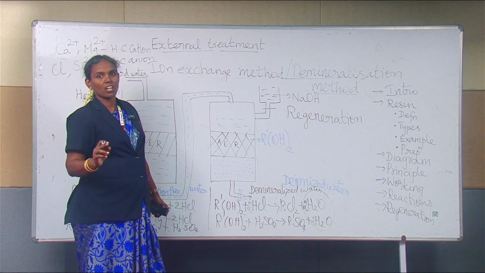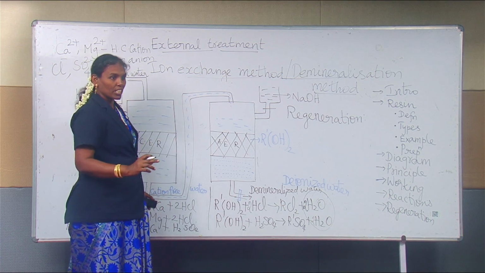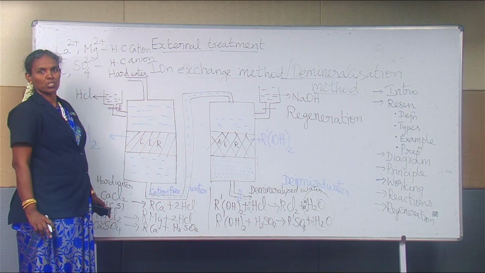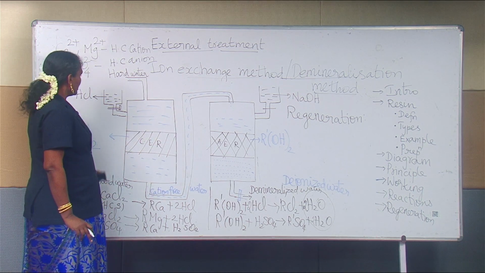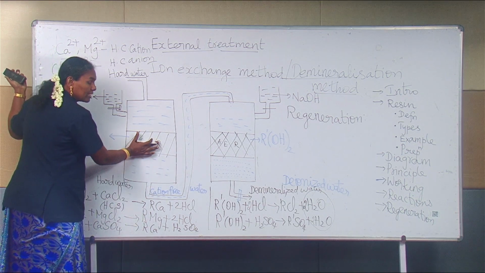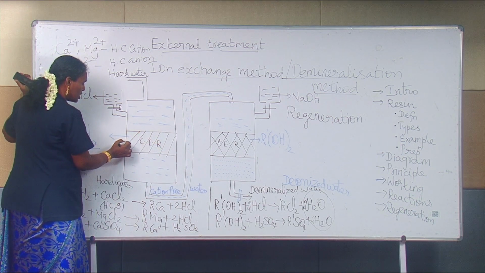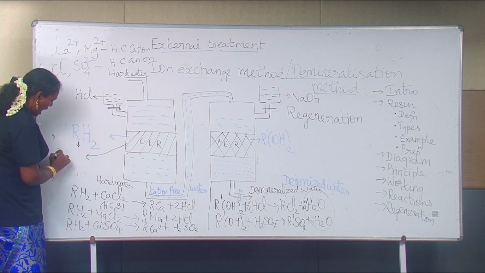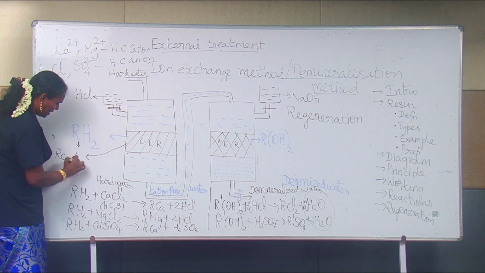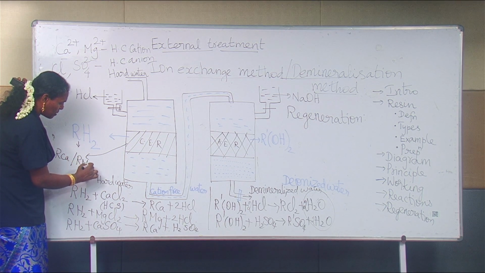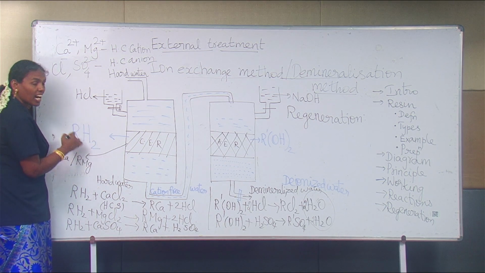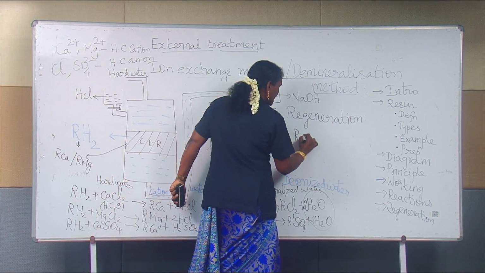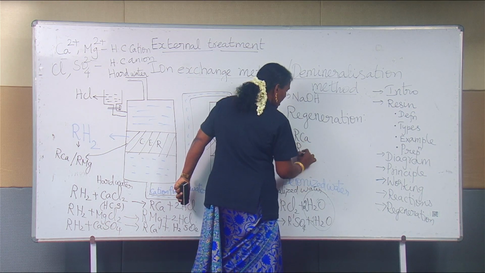For regeneration also you have to write the equation. If you write the reactions here, then you can write the regeneration step very easily. The cation exchange resin bed is now fully converted into RCa or RMg. Now the bed does not have any RH2, only RCa or RMg.